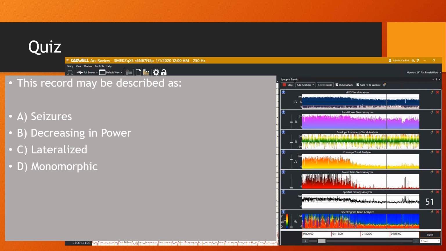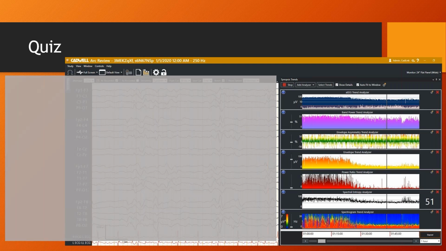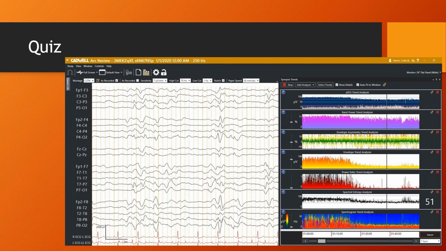So the answer for this one is B, decreasing in power. And there's the raw EEG. This is in fact the burst suppression pattern that we saw before, and this has much more flattening and bursts early in the record.